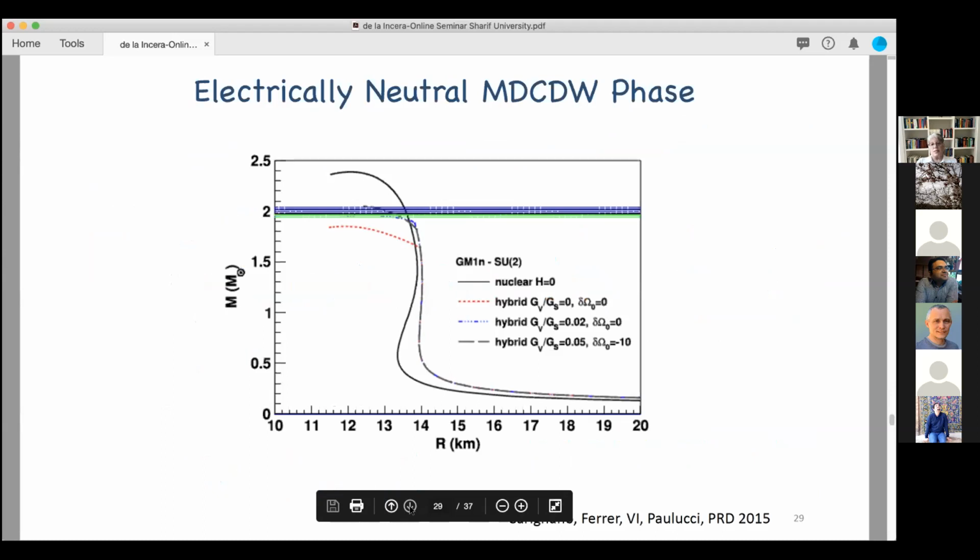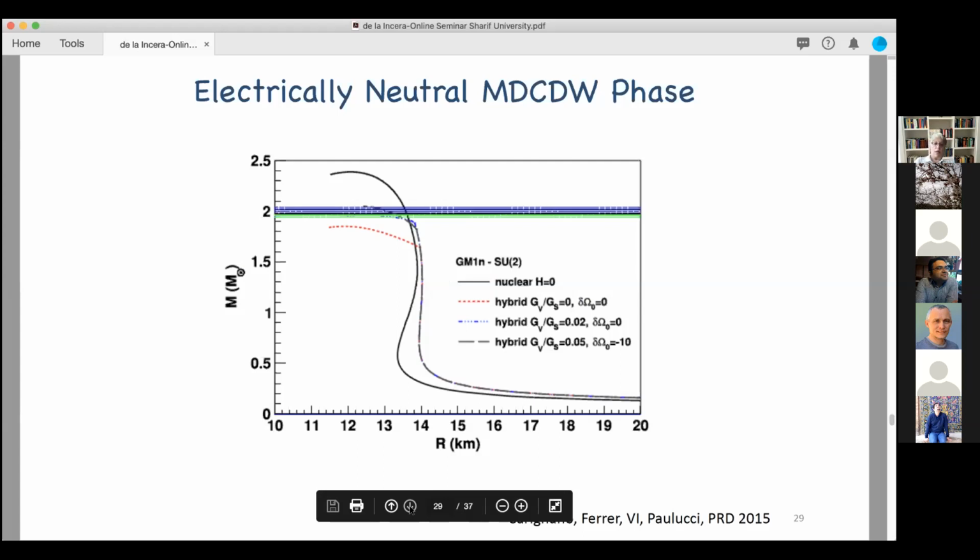We did that some time ago, and we considered the MDCDW phase, but with neutrality, because in general this phase is not neutral since you have U and D quarks with the same mu. But if you impose neutrality, you have to put some electrons, and that's fine. That's what we did here. We studied that system, and we calculated.